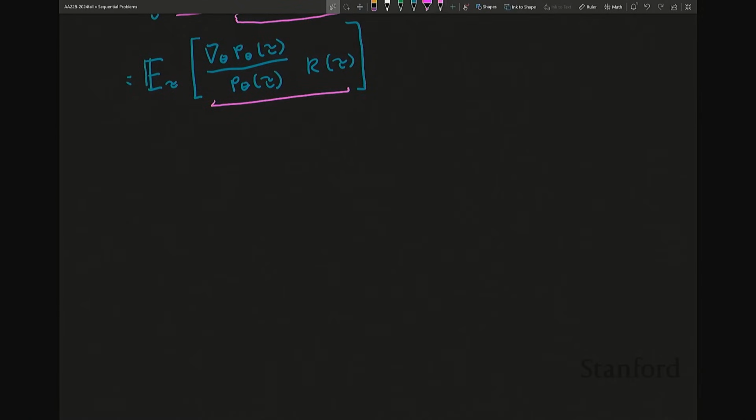So based on a trick in chapter 10.5 that I will not be deriving today, but I will note here in case you are interested, this is called the log derivative trick, and that allows us to write the expectation in this form.